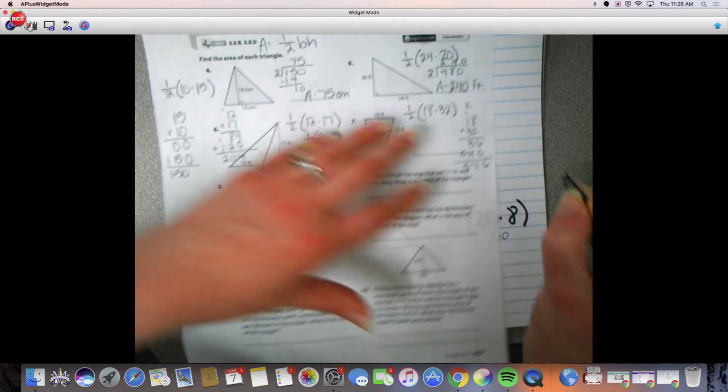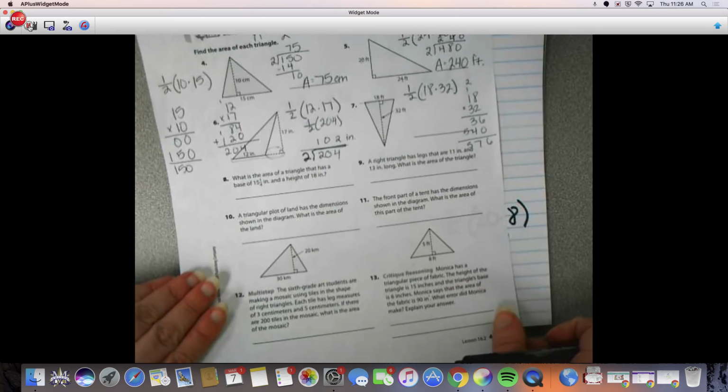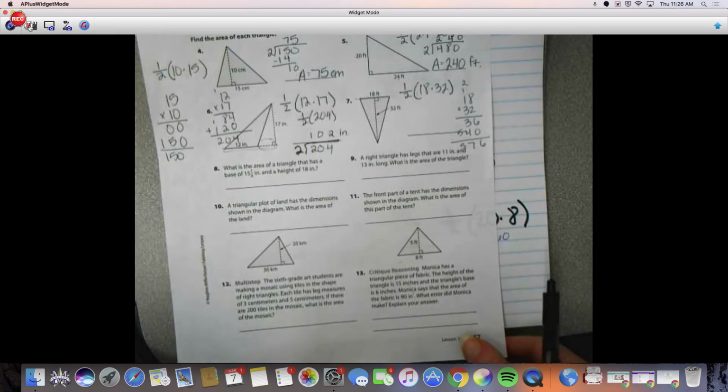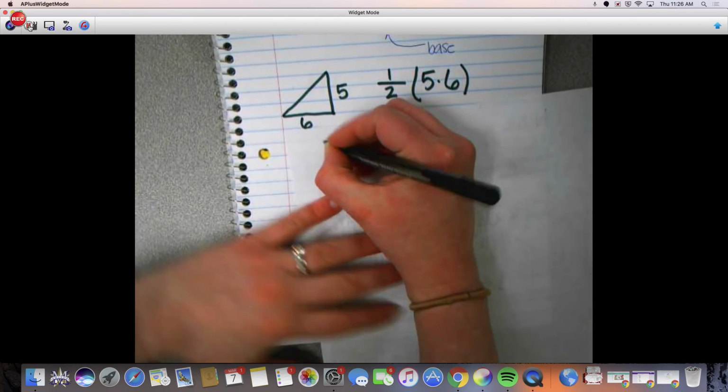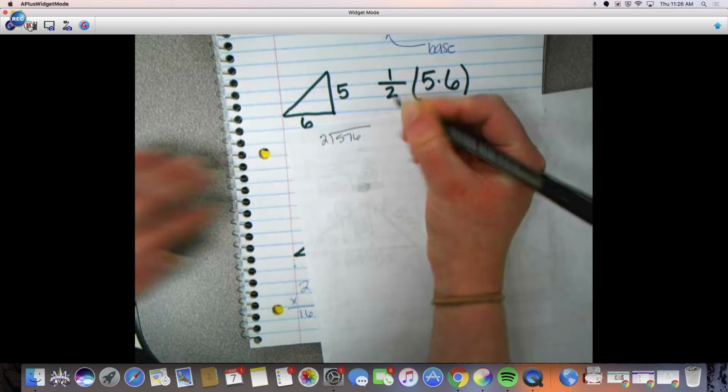And we get 576. I'm going to put my paper on the back real quick because I'm kind of out of room. You've got space on the back if you need to do that. So I have to divide 576 by 2.